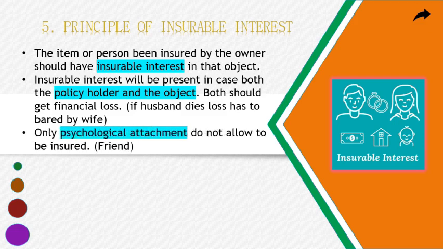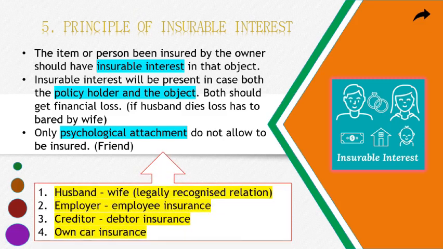But here, psychological attachment does not allow one to be insured, like a friend or some other relative, etc. Some blood relationship must be there between the policy holder and the insured. Here we can see some examples.